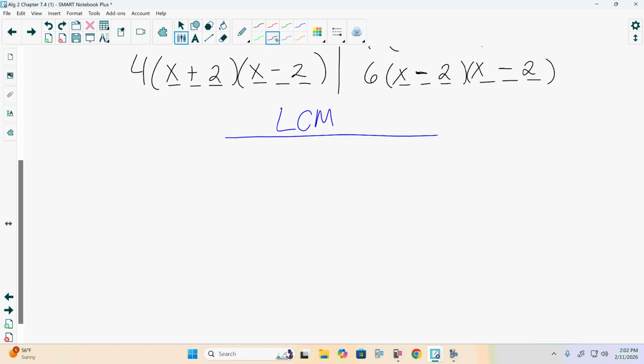So to do that, we can come over to the side and have our factored forms of 4 and 6. Well, 4, as we said already, is 2 times 2. We found that when finding the factors of 4. 6 is 2 times 3.